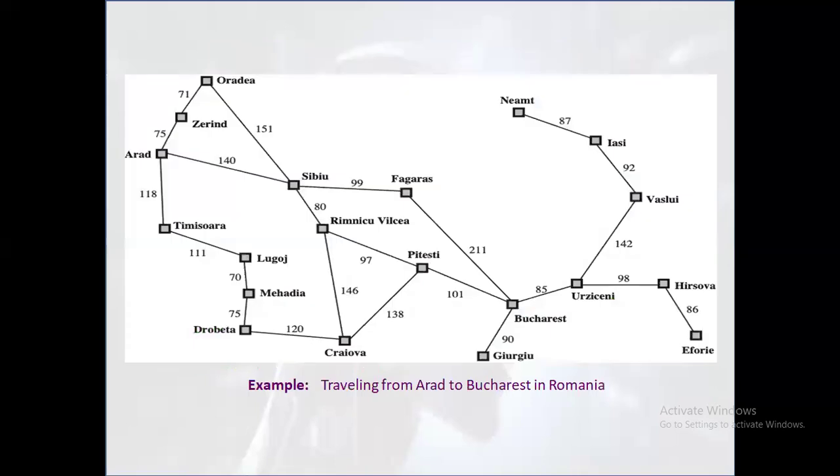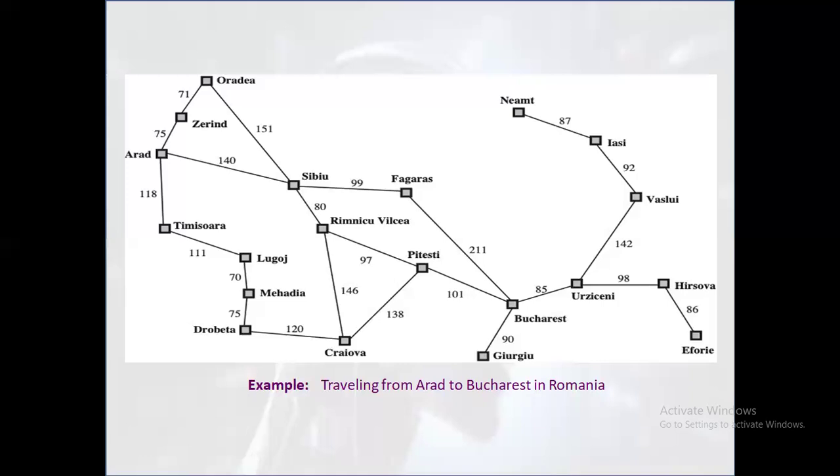So what does this graph show? From this graph we are going to find out the distance or cost between Arad and Bucharest. This is the initial state. See here, Arad is over here, and this is Bucharest. The example of traveling from Arad to Bucharest in Romania serves as a practical illustration of how a problem solving agent works in a navigation scenario.